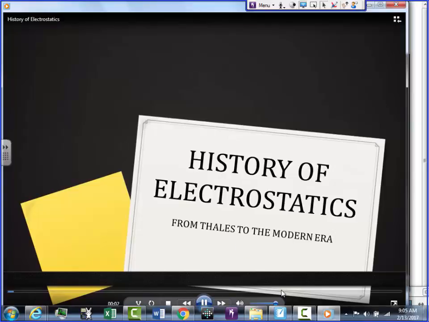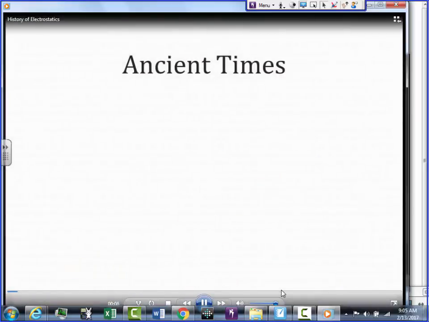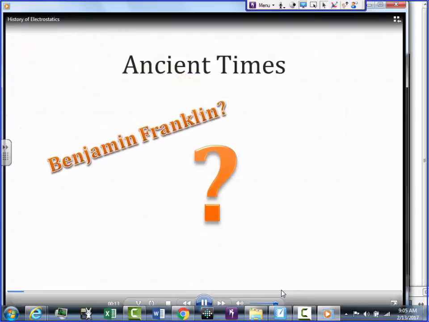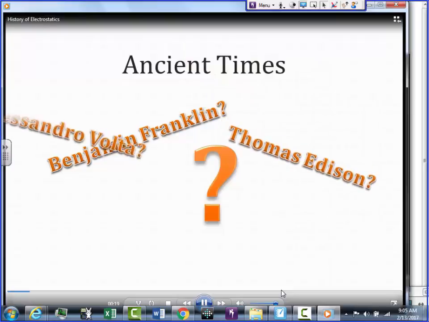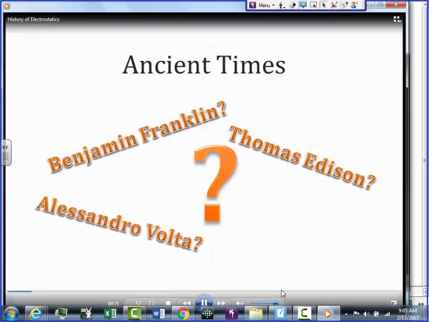Welcome to the history of electrostatics. If you ask people who discovered electricity, they will tell you names like Benjamin Franklin, that's the dude that flew his kite in a lightning storm, or Thomas Edison, the man that created the light bulb, or Alessandro Volta, the creator of the first battery.